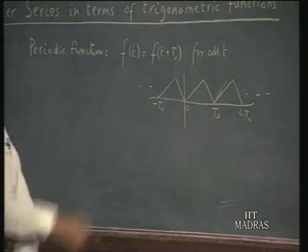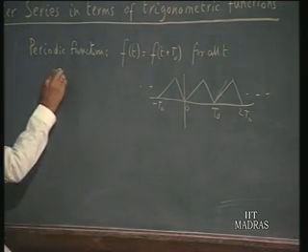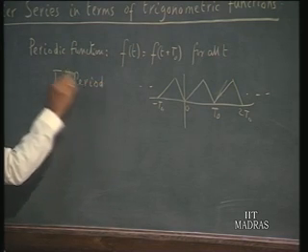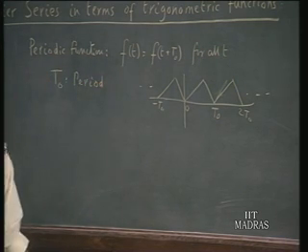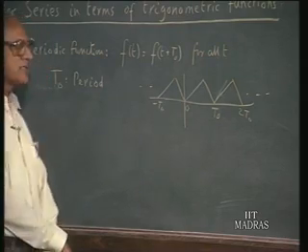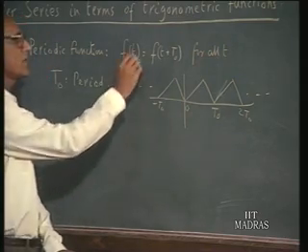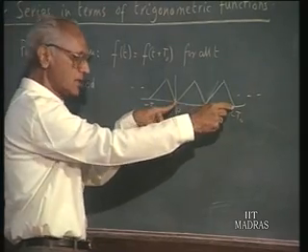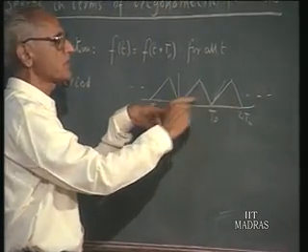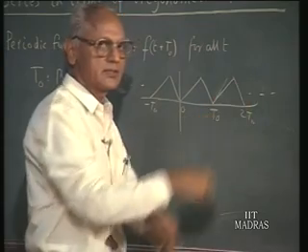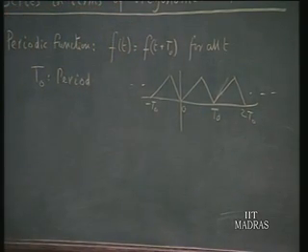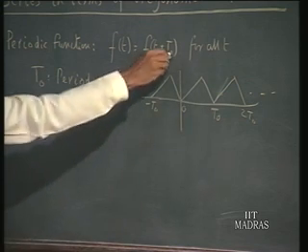In defining this value of capital T naught, which is the period, we take the value of T naught such that it is the smallest value which satisfies this equation. For example, it's possible for us to take this as the basic period, because whatever sequence of values it takes from 0 to 2 T naught will also repeat. However, the smallest such value is taken as T naught. So this is the period.